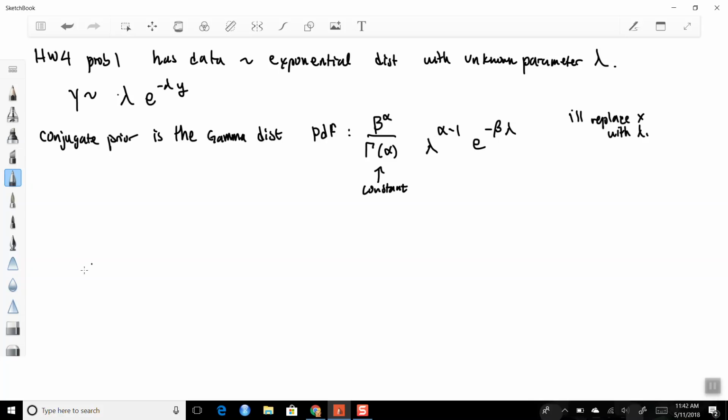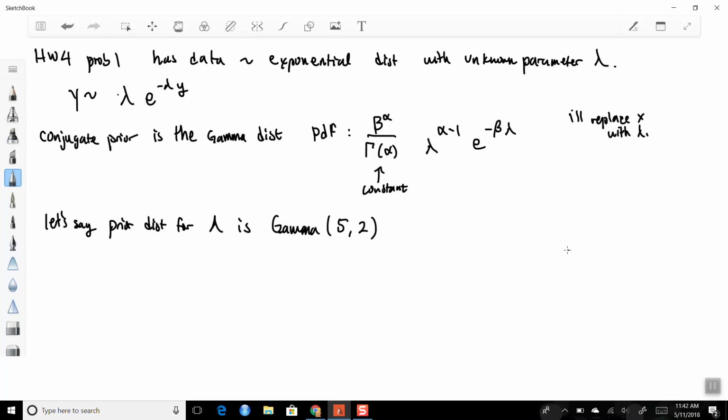Let's say the prior distribution for lambda is a gamma distribution with shape parameters 5, 2.